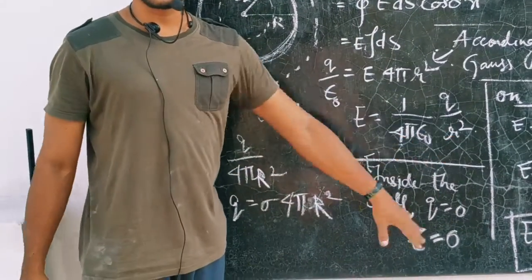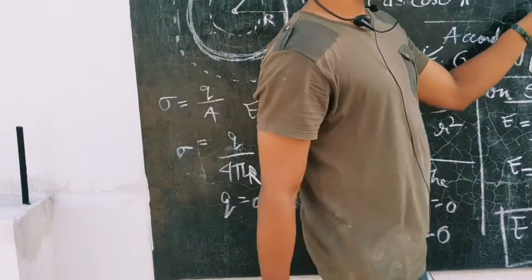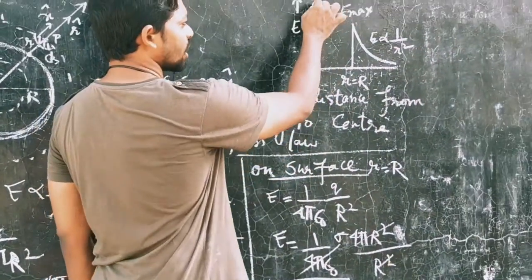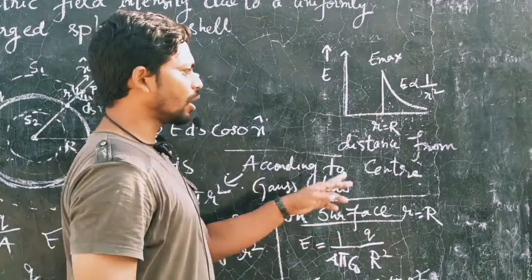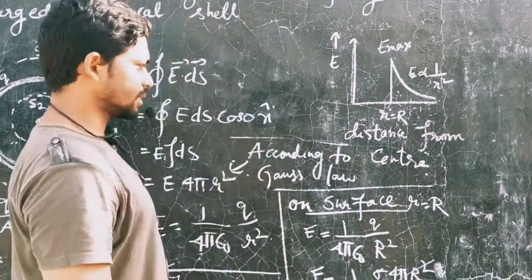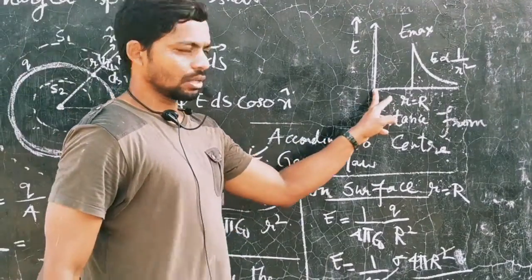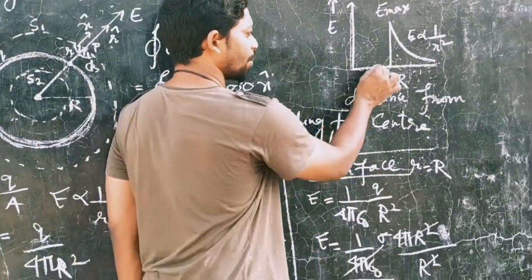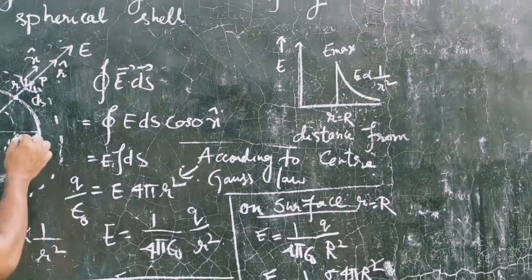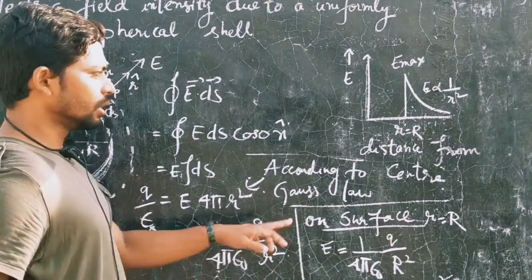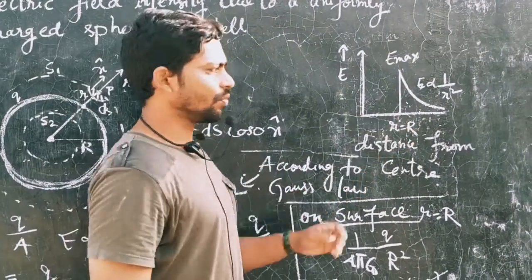If we put all these 3 cases on a graph, it looks something like this. On the y-axis I have taken the electric field intensity, and on the x-axis the distance from the center. Until distance capital R, that is until the surface, the electric field intensity is 0.